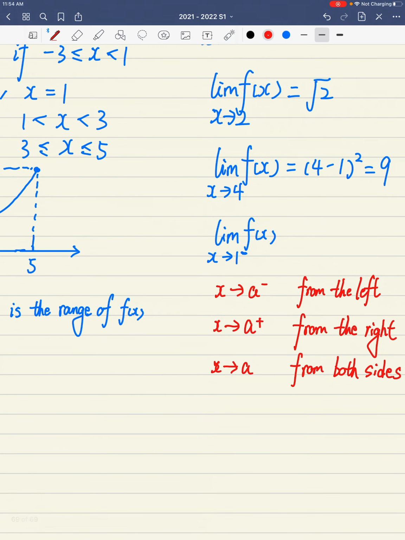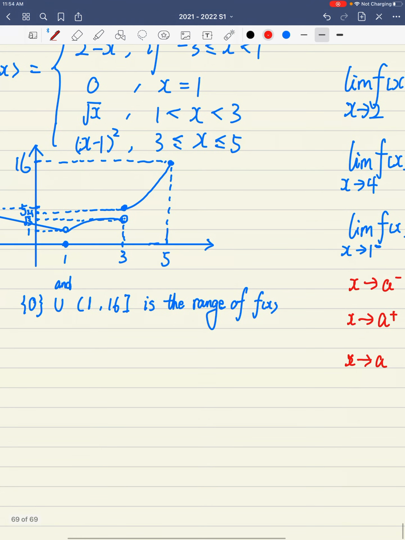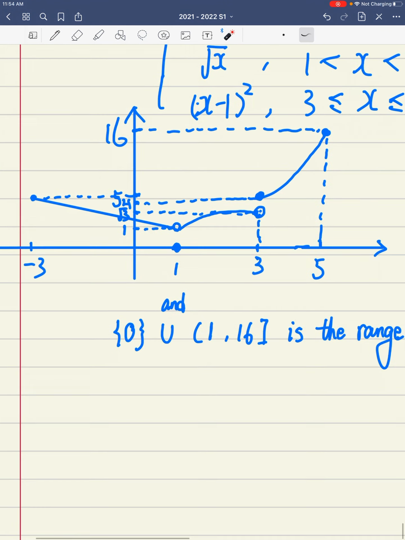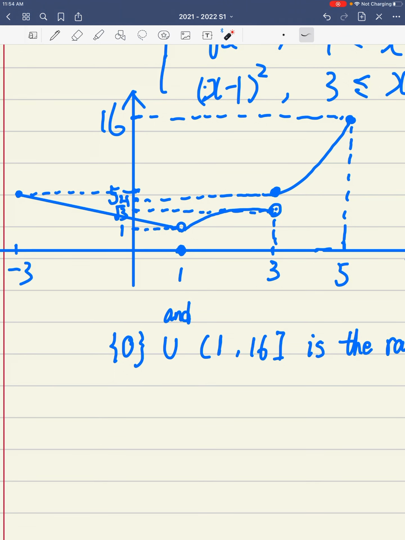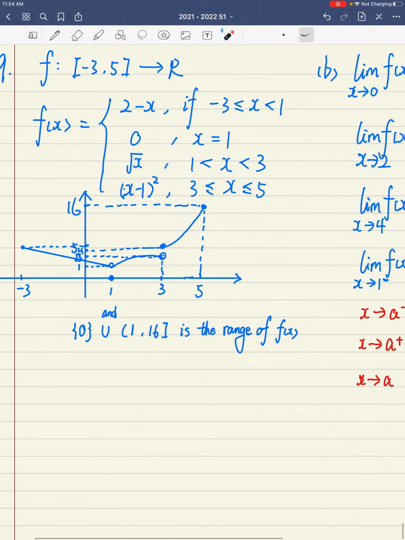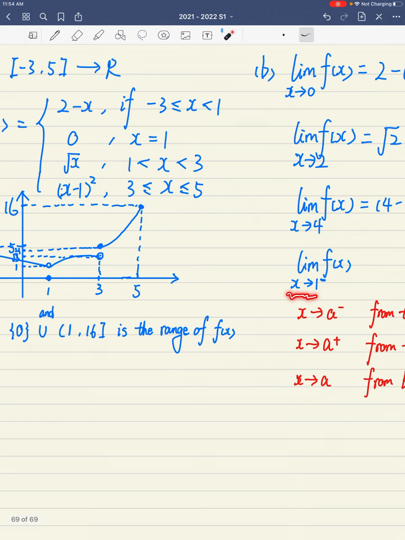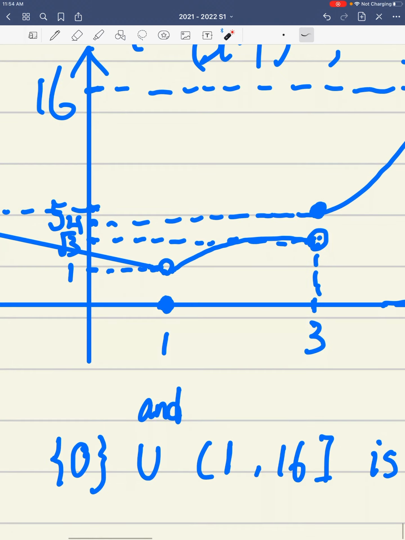And the second thing is, what is a limit? Limit means when x is closer and closer to a, what is the value of f(x)? The value of f(x) is closer and closer to what number? That's the meaning of limit. So when x is closer and closer to 1 from the left-hand side, f(x) is closer and closer to what value? We can just read it from the graph.